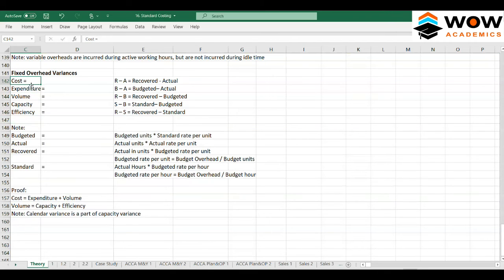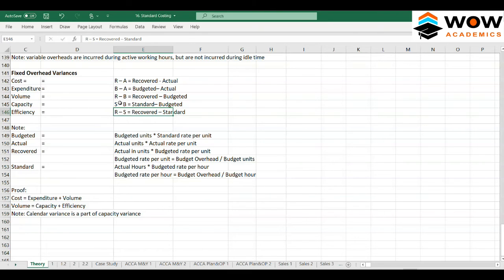So in total you have only five formulas, and each formula has a breakup. Cost is equal to R minus A, expenditure is B minus A, volume is R minus B, capacity is S minus B, efficiency is R minus S.